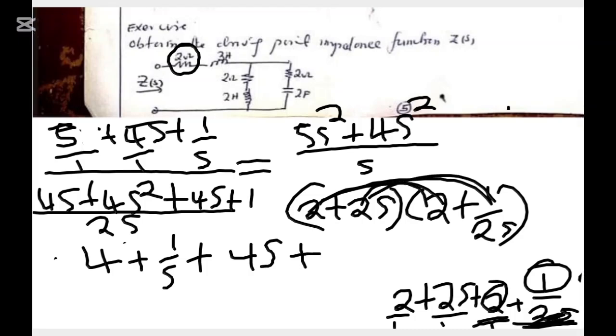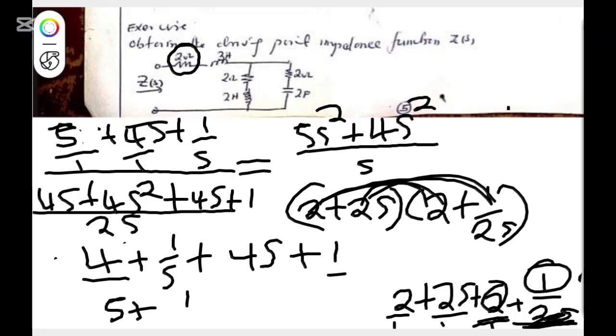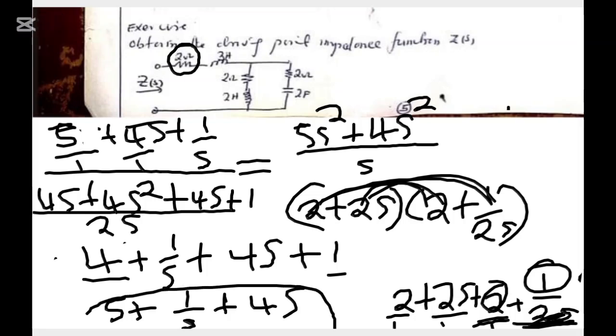This and this, I'll get 1. So this and this will give me 5, and also plus 1 over s plus 4s. So this is what I get. I have 5, this is 4s, this is 1. So this is supposed to be only 5. I'm sorry for that. Please, I'm sorry.